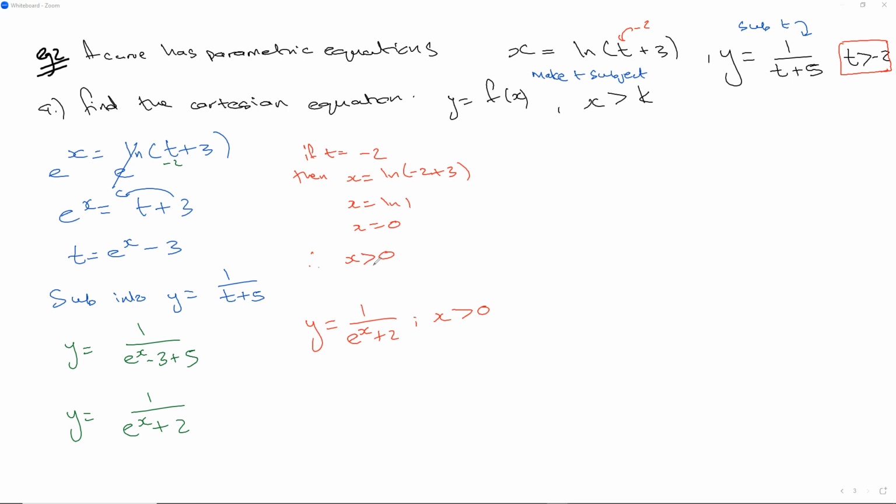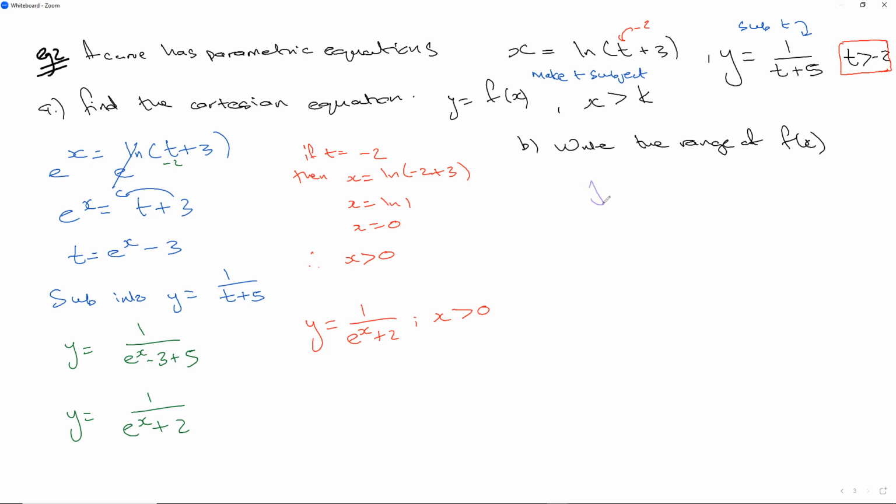Part B says write down the range of f of x. The range is your y values. So if we're working out our y values, we substitute that t into this function over here.